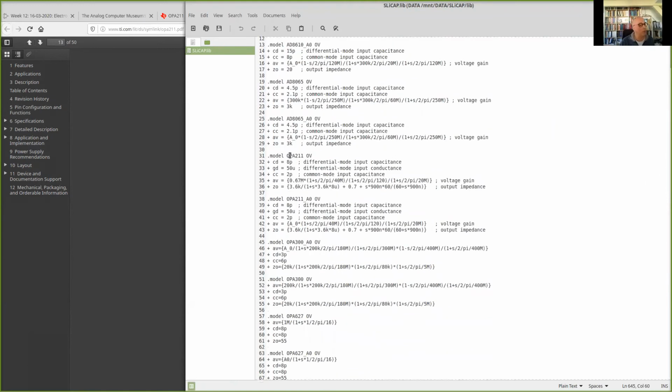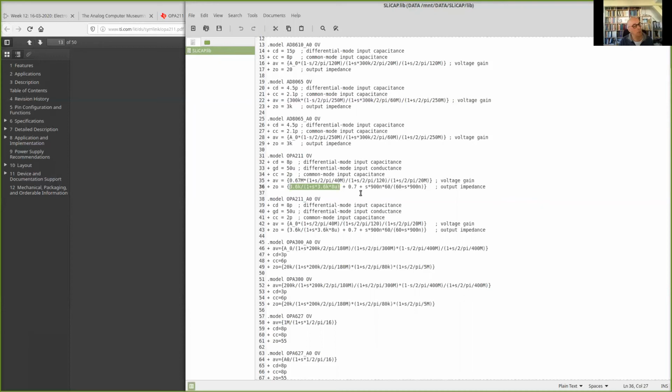Here we have the OPA211, differential mode, 8 pF. Input conductance, it was 20K, so it's 50 microsiemens. The common mode capacitance was 2 pF. And the voltage gain here is the expression with the poles and zeros, and the output impedance is here.